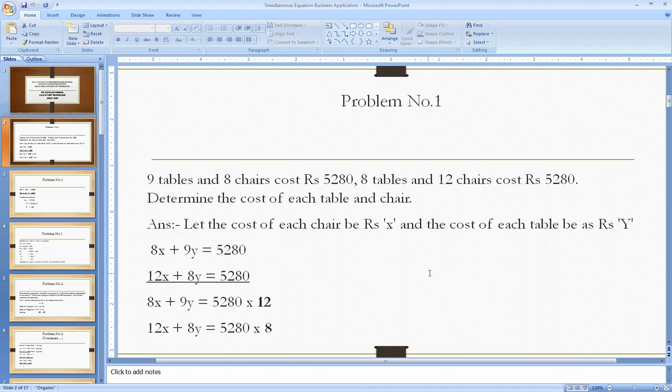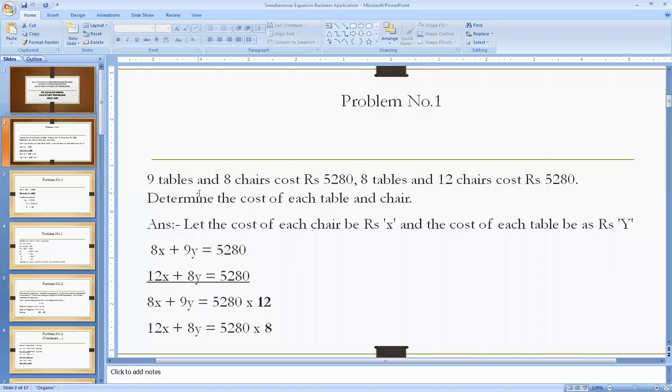Since each chair costs X and each table costs Y, 9 tables will become 9Y and 8 chairs will become 8X. Both together cost 5,280.